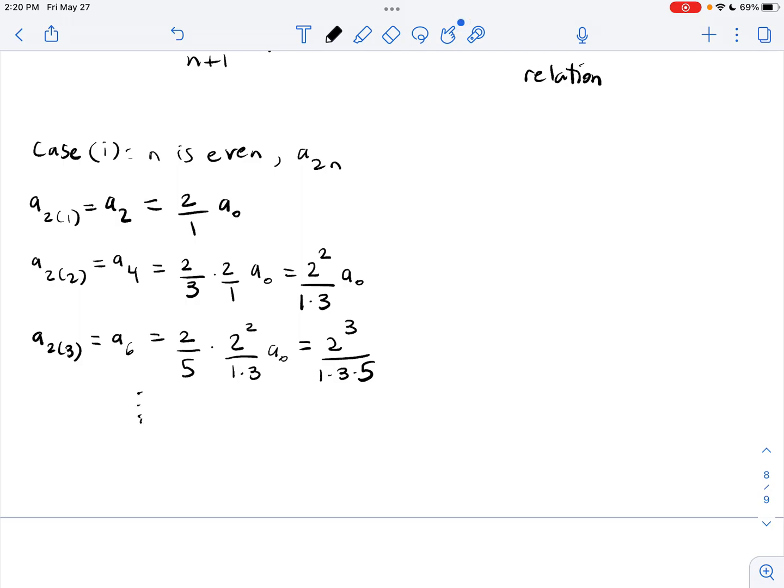So we see our pattern. I hope we see our pattern here, right? So first off, this is 2 to the first power for our first one.